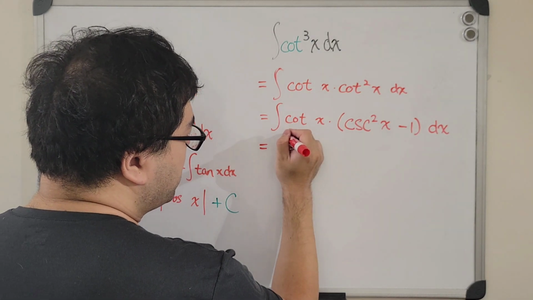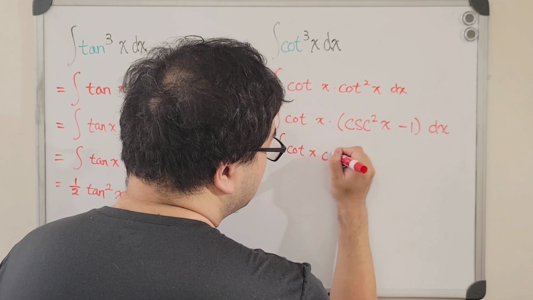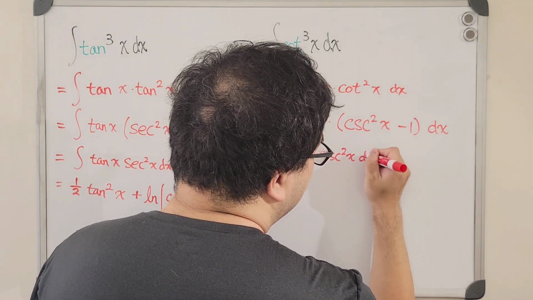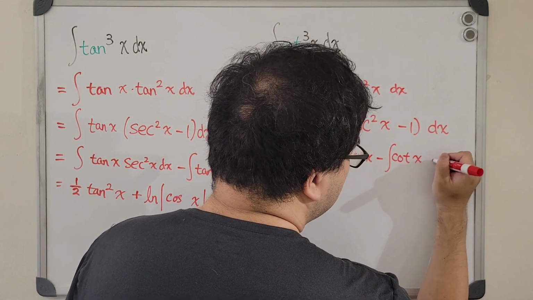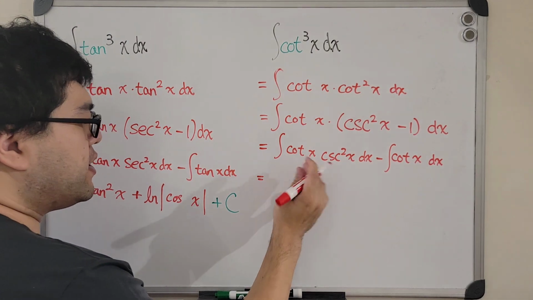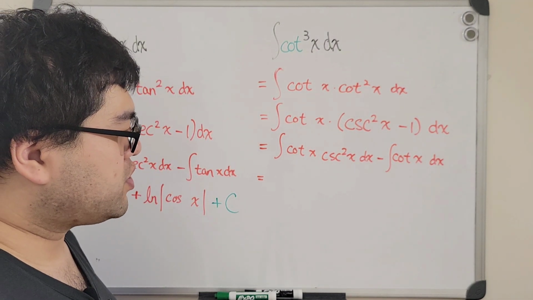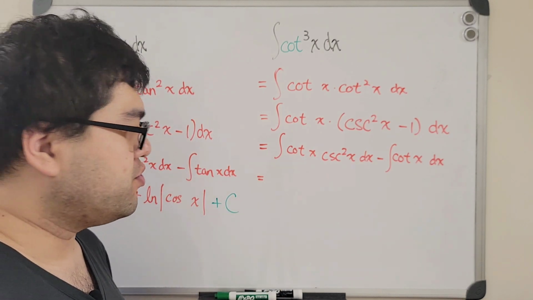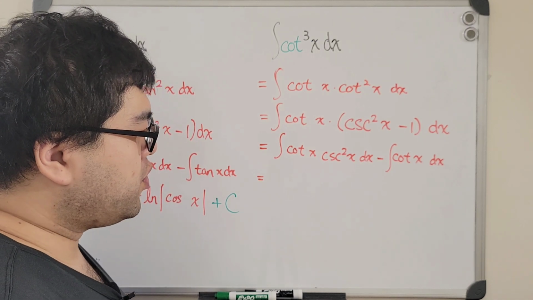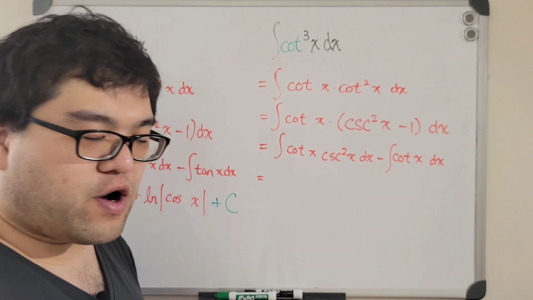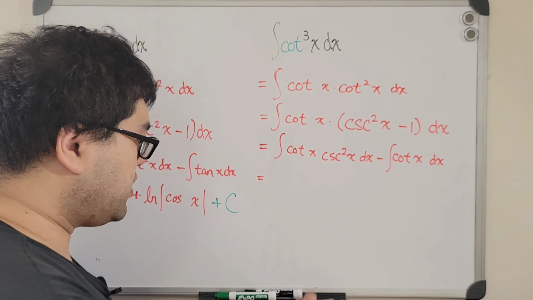So again, we now will just distribute the cotangent x into every single term inside of the parentheses, and we're going to break it into two different integrals. So we get the following. And then for the first integral, we're going to do a u-sub again. What should we let this time? Of course, we should let u be cotangent of x, such that if we take the derivative, du will be equal to negative cosecant square of x dx. But we don't have a negative sign. What do we need to do?